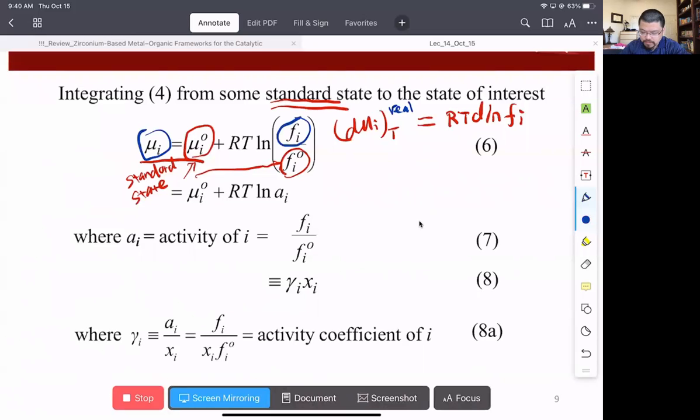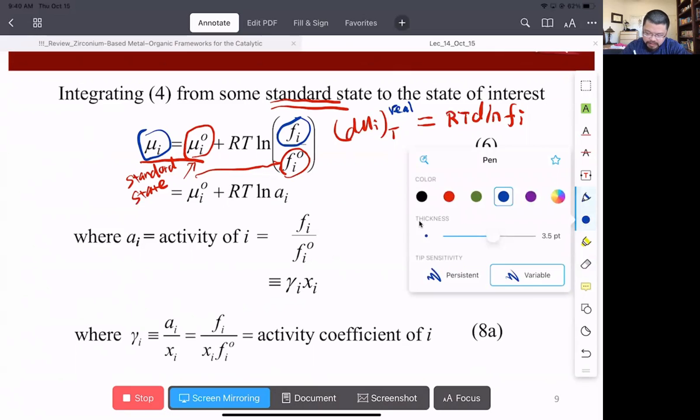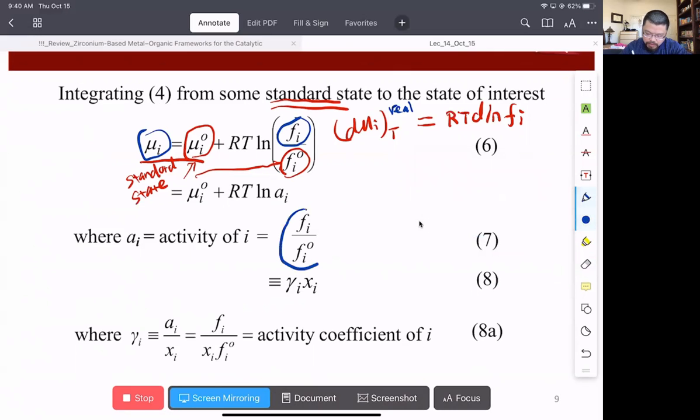All right. So over here, we try to define some other coefficients. First of all, let's look at the ratio between fi at P and T of interest, and fi naught, the standard state, where P is 1 bar, 100 kPa.